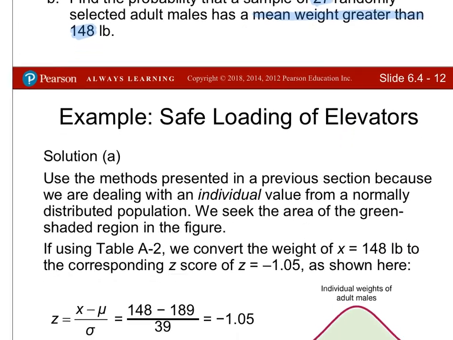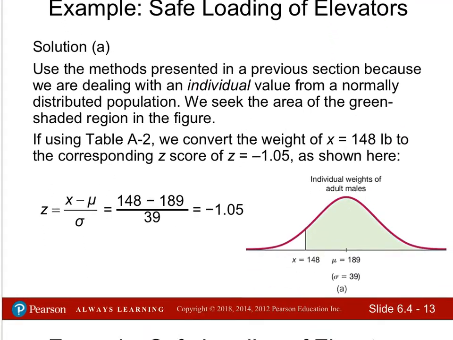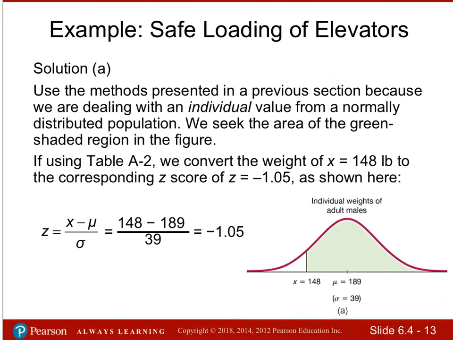So here's how it looks. Remember, we did this in part A. We would say, okay, and I'm gonna pencil over this. So we draw our normal curve, right down here, and say this is the distribution for men, with a mean of 189, standard deviation of 39, and our cutoff is 148. Remember, we're answering question A here. So that's our cutoff. What's the probability that one person has a weight greater than 148?